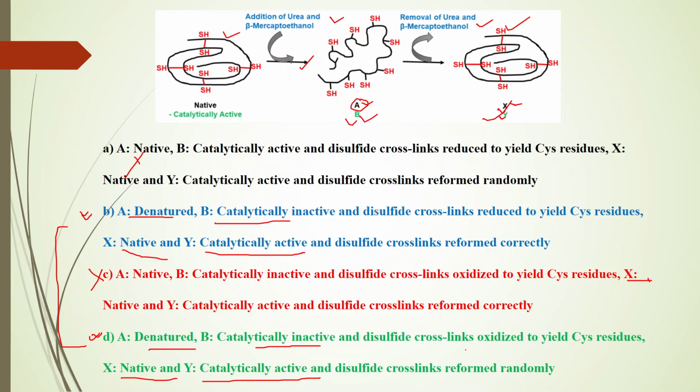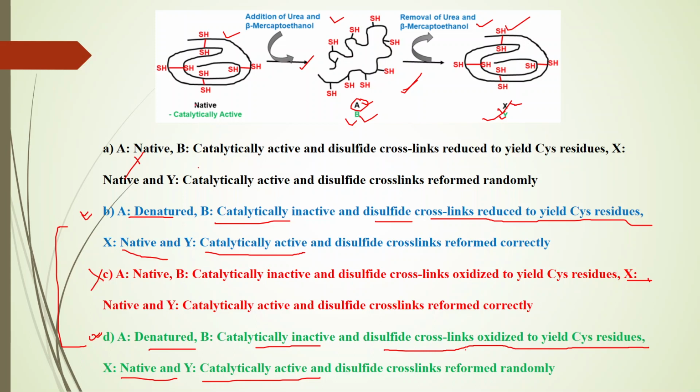The first option says that in the second structure, the disulfide cross links are reduced to cysteine residues. In the D option, it states that for these structures, disulfide cross links are oxidized to yield cysteine residues. See, this is your disulfide bond.